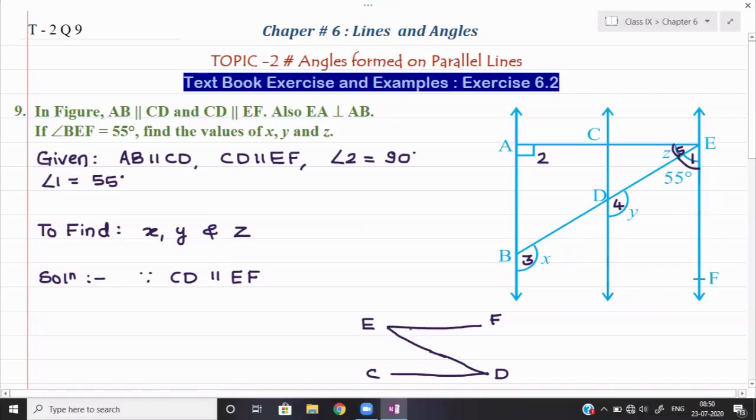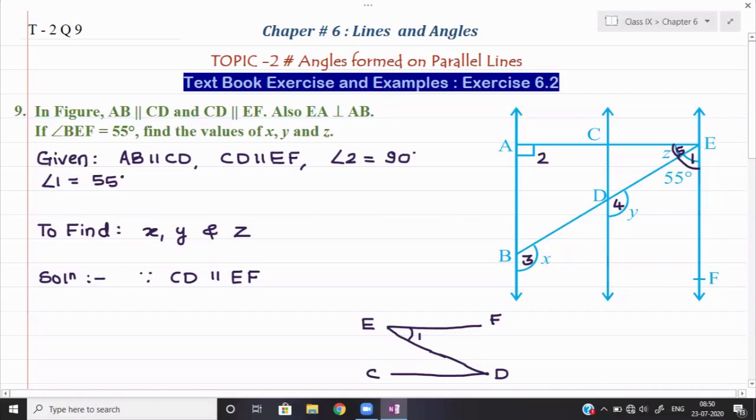This is your angle number 1. And angle number 4, in the same manner, is EDC. This is your angle number 4.